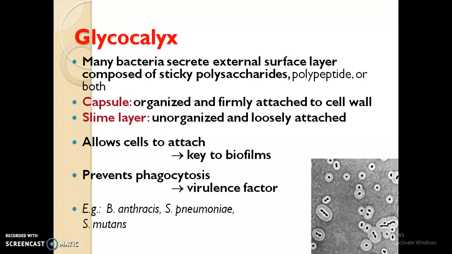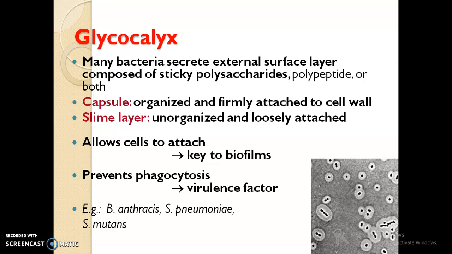The slime layer and glycocalyx help in adherence of bacteria either to themselves, forming colonial masses, or to surfaces in their environment, and they resist phagocytosis and desiccation of bacteria.